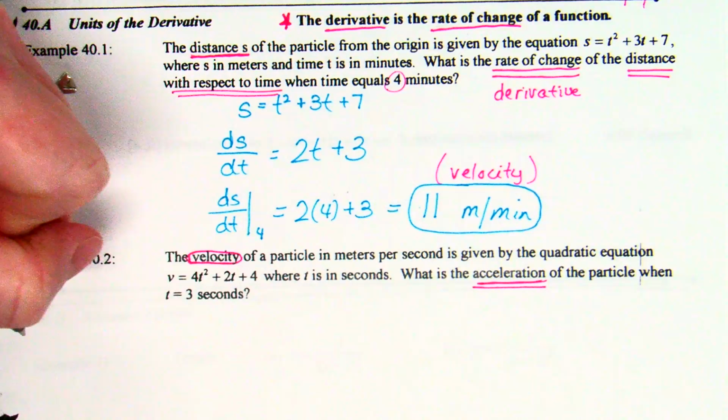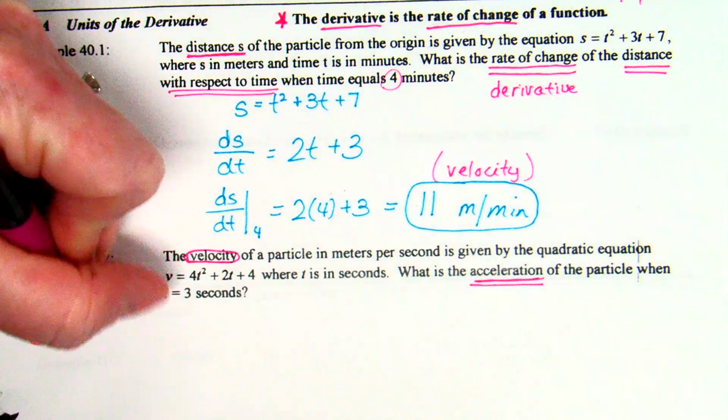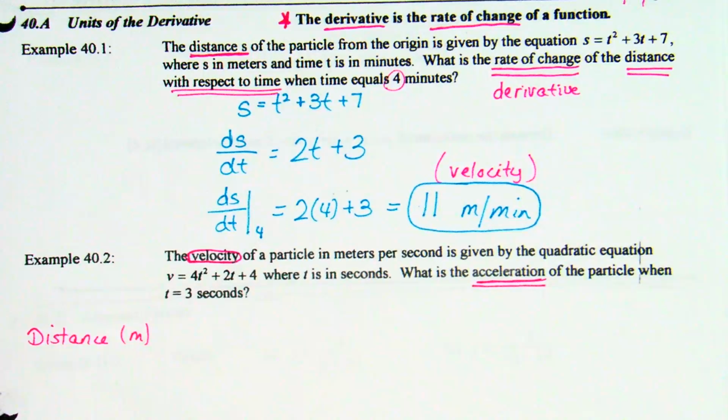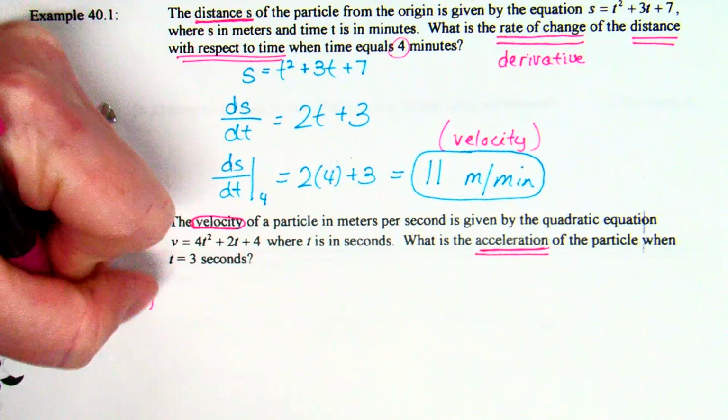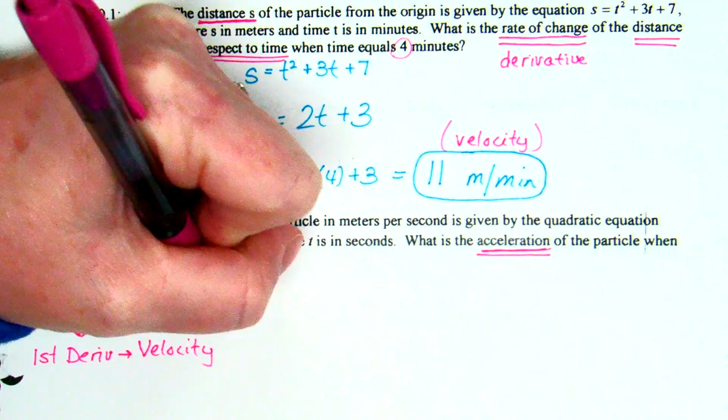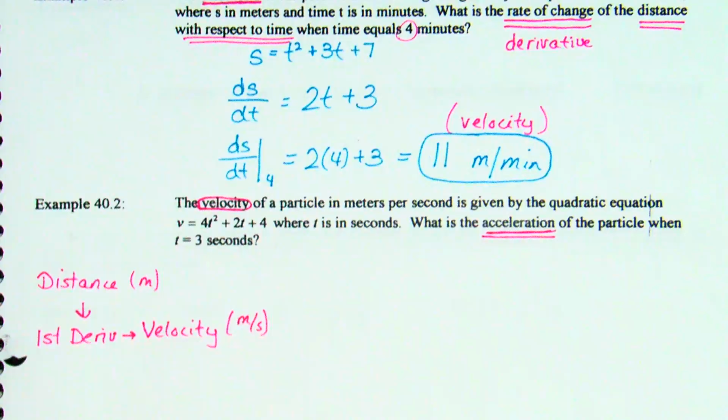Now, before I actually start into this, here's the big connection I need you to make. If distance is your base, so if you have a distance equation that's in terms of meters, the derivative of distance, in other words the first derivative, is velocity. Your velocity would be something like meters per second, a distance per time.